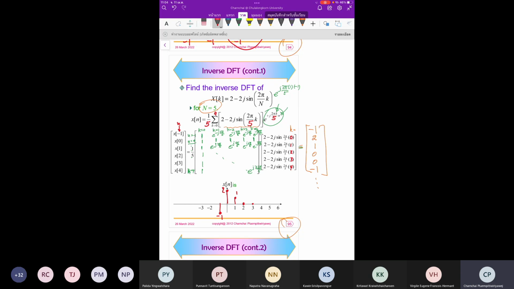You can see it's going to be periodic with period N equal to 5. Then it's going to be -1 again, and a 2 again, and a 1 again, and then 0, 0. And on the right hand side is going to be 0, 0, and then 1, 2, and -1. You can see that it's going to be periodic with period 5 samples.